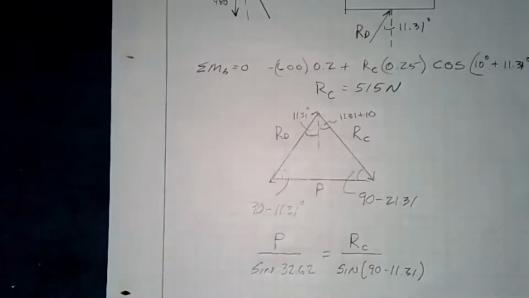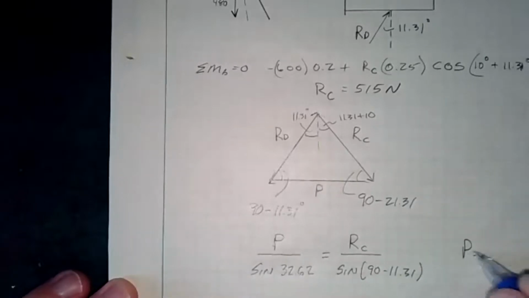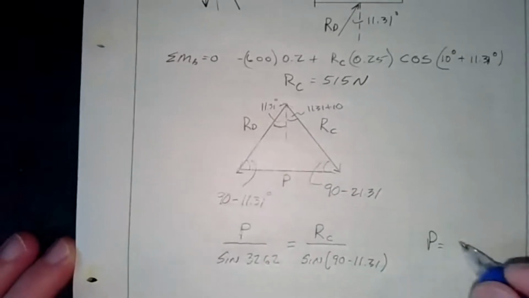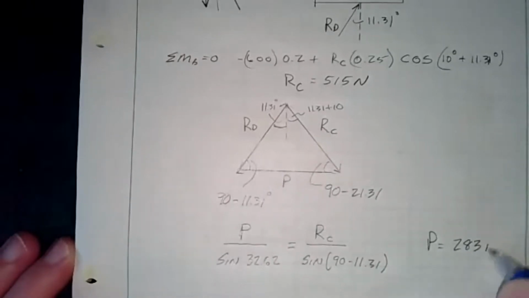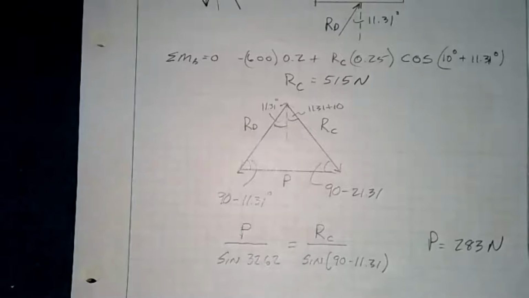All right, so if we do that, we get a value of 283 newtons. So P equals 283 newtons. And that's what we get.